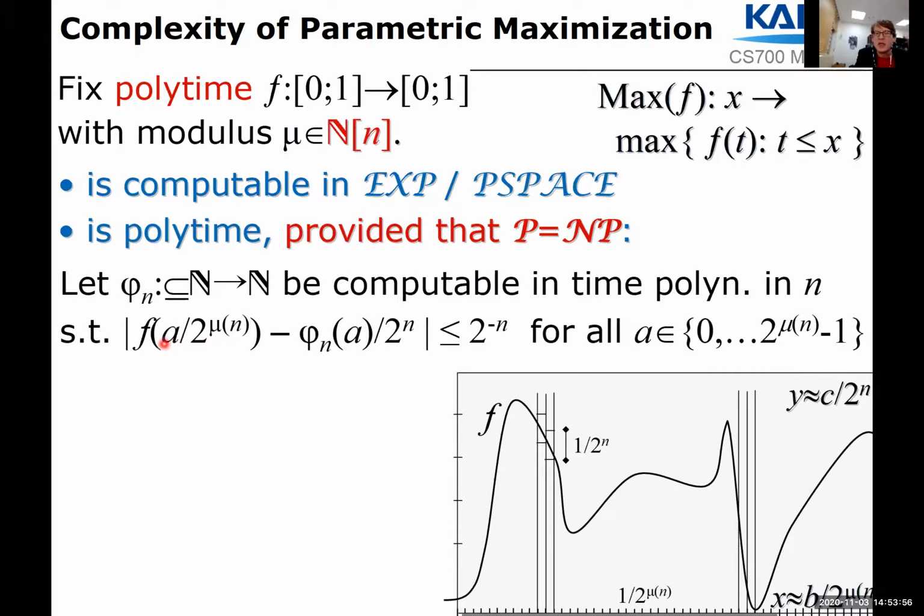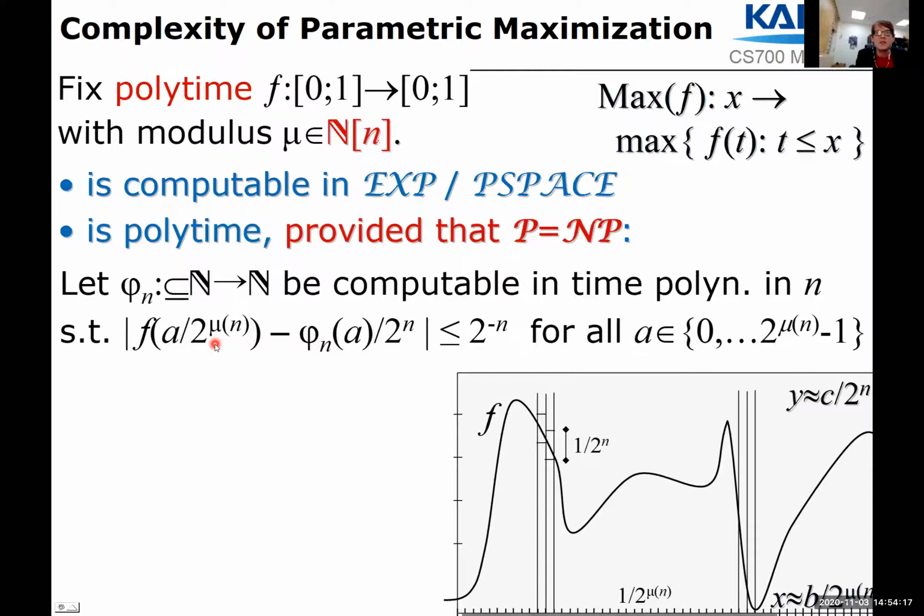So the input to the approximating computation is a numerator of a dyadic rational, and the output is another numerator. This is what the function phi n captures, and it depends on n, of course, because that's a precision parameter.